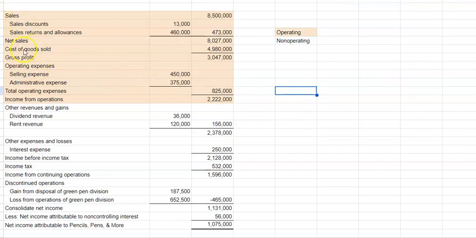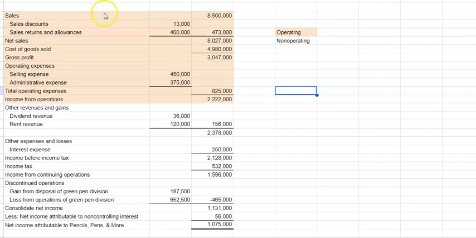Our sales, our cost of goods sold, our selling and administrative expenses, those are all revenues and expenses being generated from whatever this company is in business for. This company is actually pencils, pens, and more. So basically, that's what they get from manufacturing, or in this case, probably manufacturing and selling pens, pencils, and more, right?